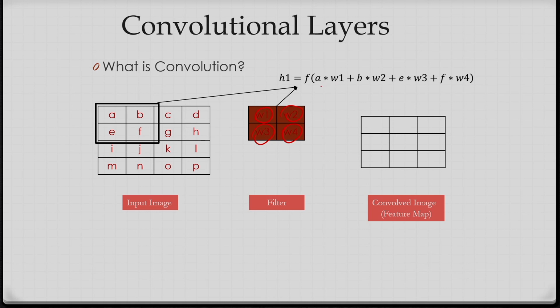So it is A into W1 plus B into W2 plus E into W3 plus F into W4, and I also apply the activation function F. Corresponding to this I get the output H1 of the convolved image.